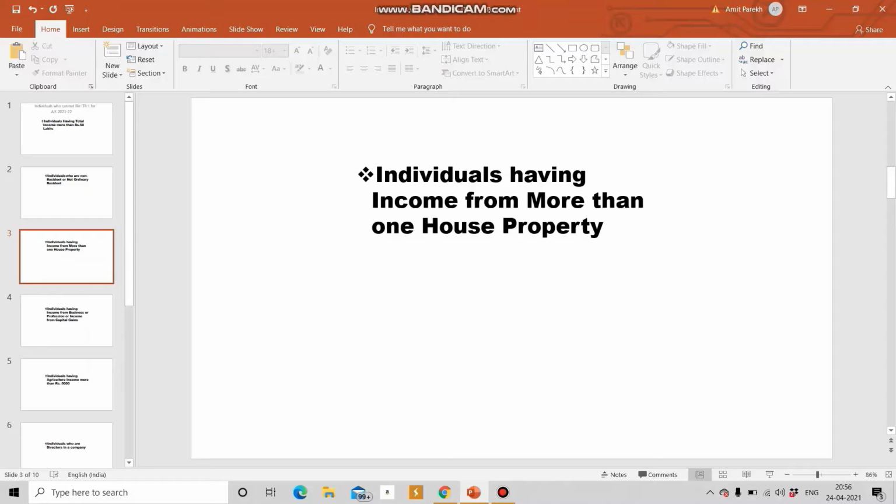One house property is allowed to be shown without any income as self-occupied. So if an individual has two properties, one self-occupied with no loss involved, and there is rental income from the second property, then he can disclose the rental income in ITR1 and file ITR1.